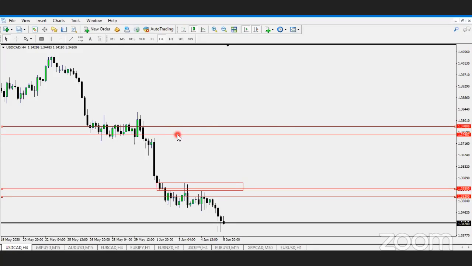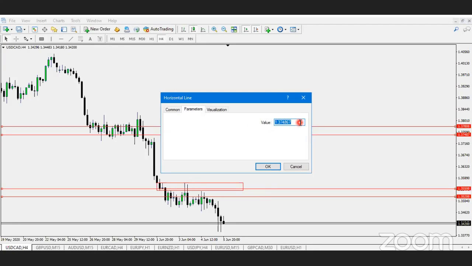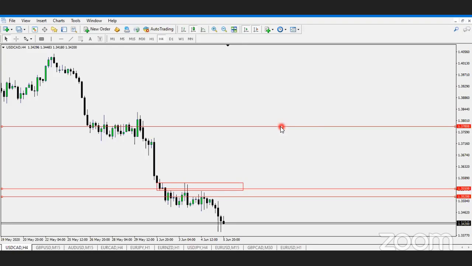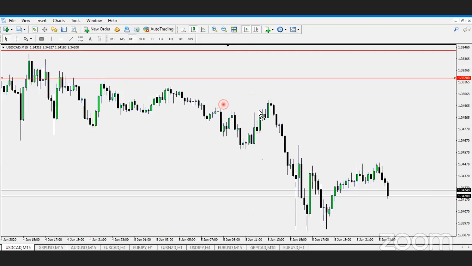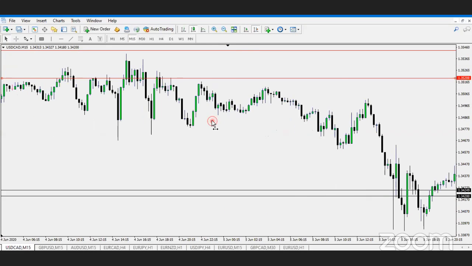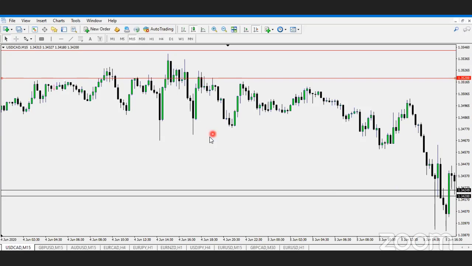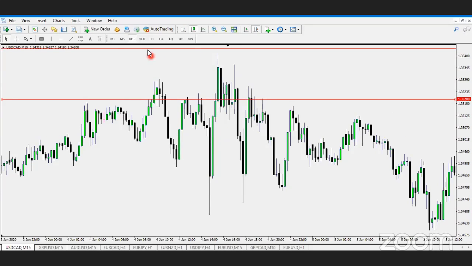And I want you to know that the way he draws the FIBs here is slightly different from what we had in the last webinar, where we were drawing it from the wicks of the candles on the higher time frames, and now the body of the candles on the 15 minutes time frame. Now, all of these are just opportunities to pick pips from the market, but you have to go back test one or two, then sit down on just one or two so you don't get yourself confused, right?